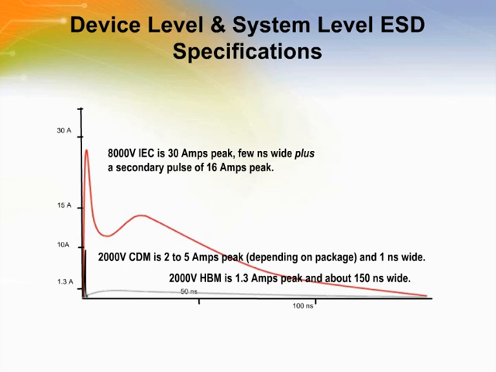The red line shows the IEC ESD test, which has two main portions. First, it has a 30 amp, 15 nanosecond peak and then a second pulse of 16 amp peak that lasts the full 150 nanoseconds. So long story short, we consider the IEC level tests the gold standard in ESD tests, which is why we show this most prevalently.